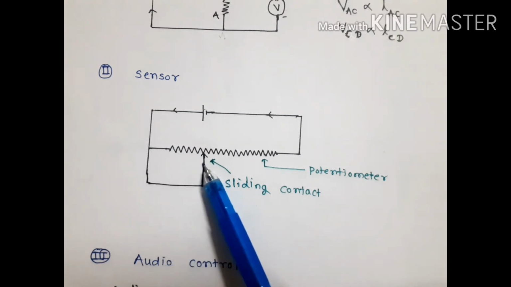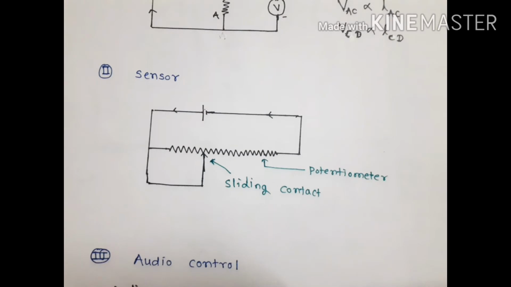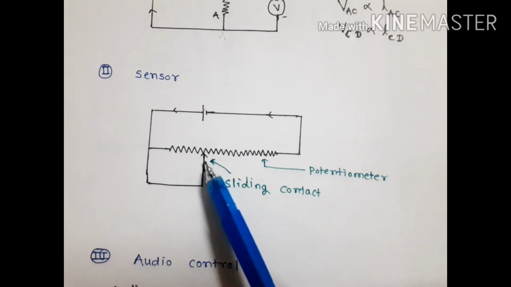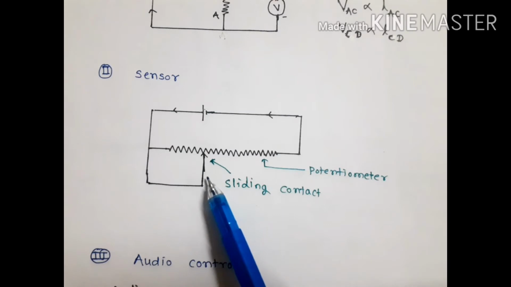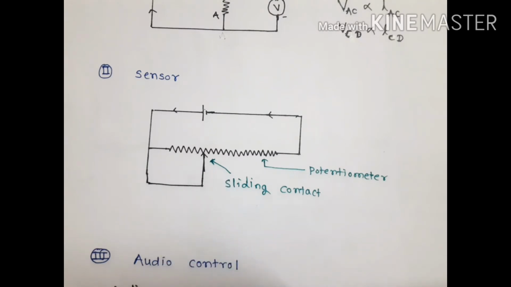If this slider is connected to the moving part of a machine, then it acts as a motion sensor. Whenever the slider slides, it produces a small change in displacement, and as we know the main principle of the potentiometer, as the distance between 2 points increases, the potential drop also increases.